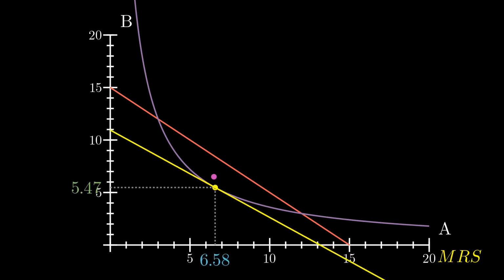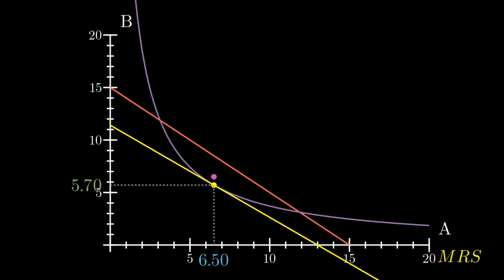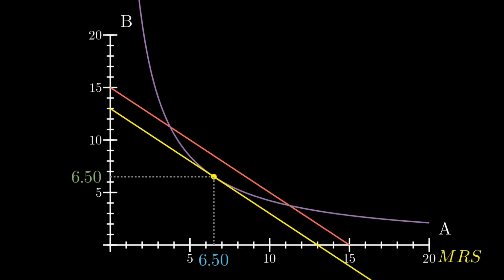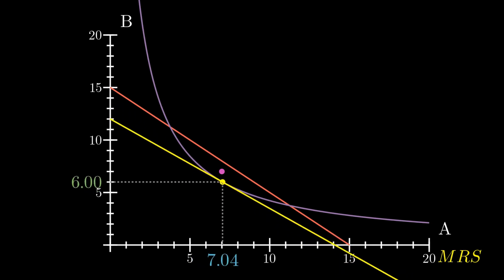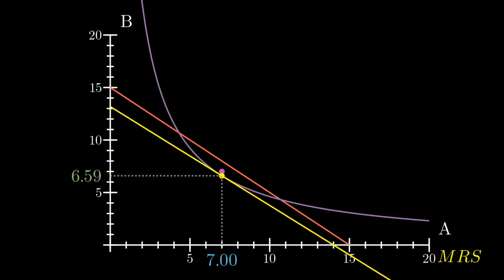If we were to vary the bundle slightly in the region of the original point, the marginal rate of substitution would also vary. Since there's a higher indifference curve running through this new pink point, let's bump up our utility so that the indifference curve runs through this new point. But again, there's still a small region between the indifference curve and the budget line that we can move our point into. And again, we still have some wiggle room for the marginal rate of substitution.